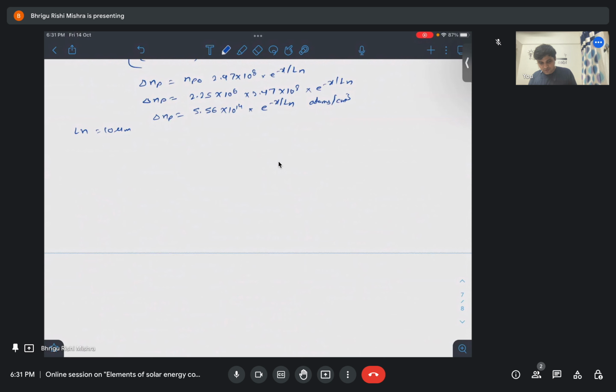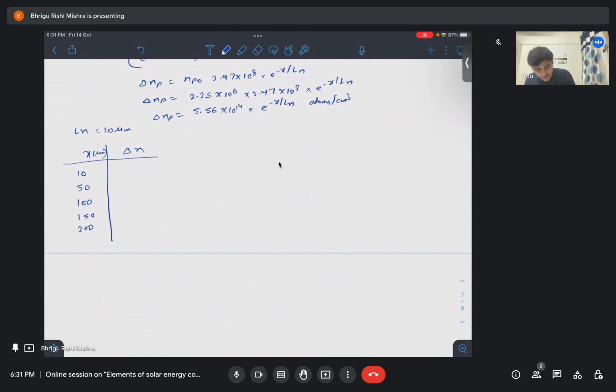Here we need to only vary x. So x and delta n. Suppose x is in micron. I have taken 10, 50, 100, 150 and 200. So these five values I have taken.